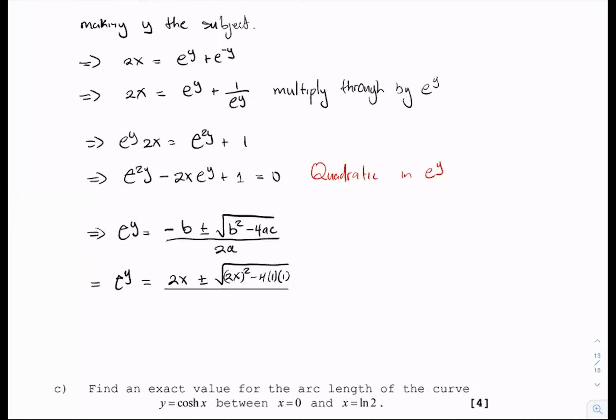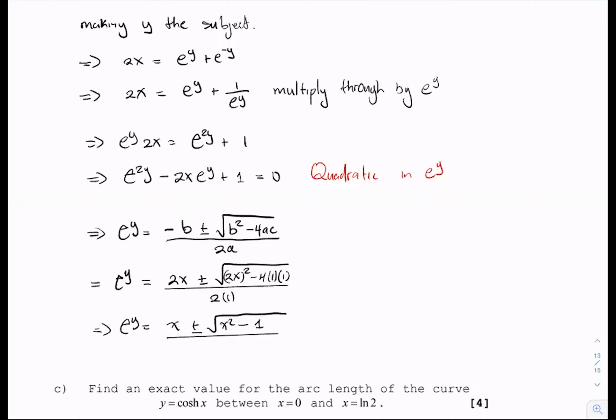All divided by 2 times a. What is a? 1. So simplifying this expression gives us e to the y is equal to x plus or minus the square root of x squared minus 1.